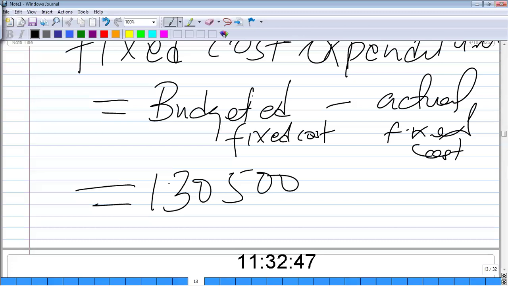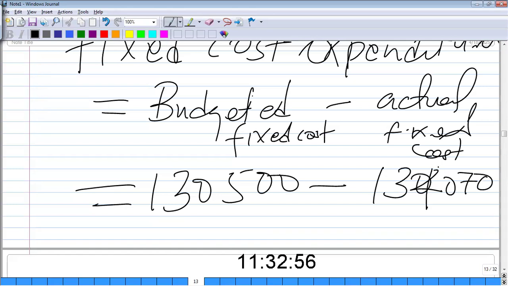What is the actual? 139,074. Okay, what's the difference? 3,574. Favorable or adverse?